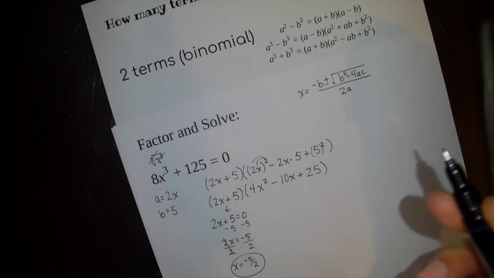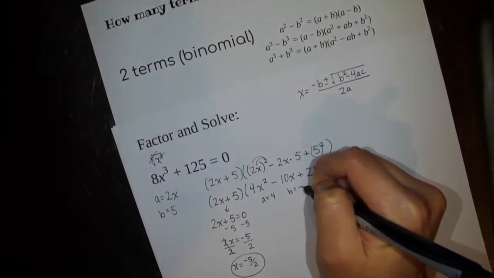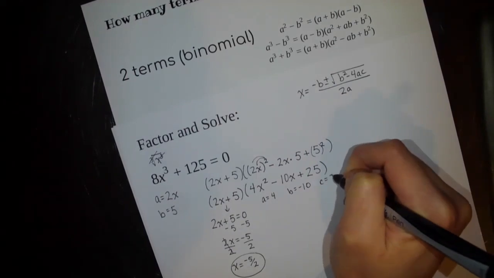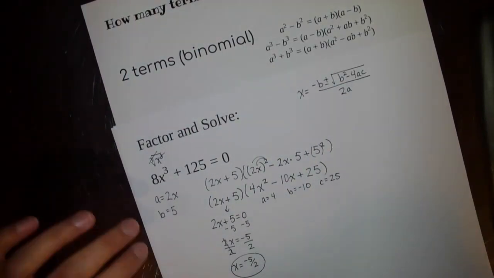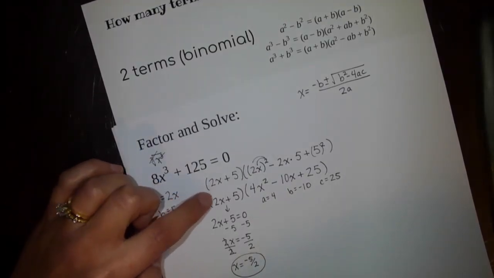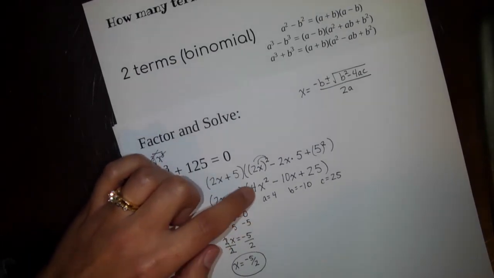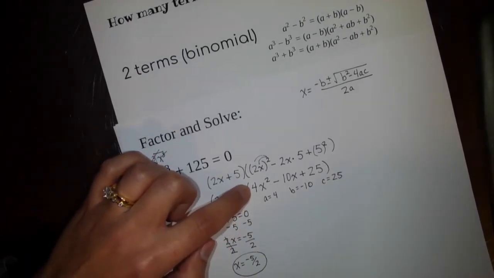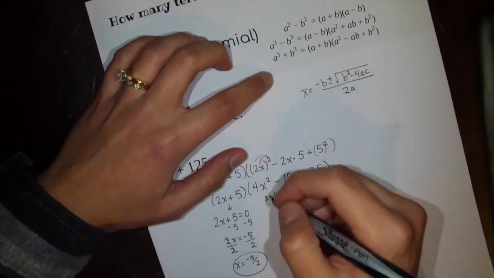Using the quadratic formula, a is equal to 4, b is equal to negative 10, and c is equal to 25. So this a and b from before was to factor this expression to get this. Now we have a new set of a, b, and c from this trinomial. I'm going to plug the a, b, and c into my quadratic formula.